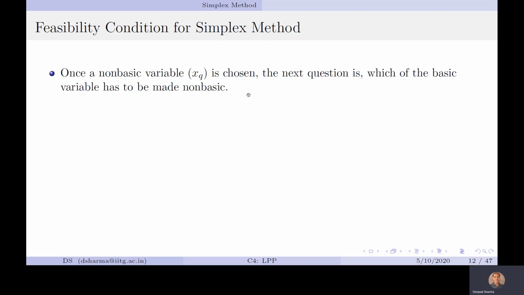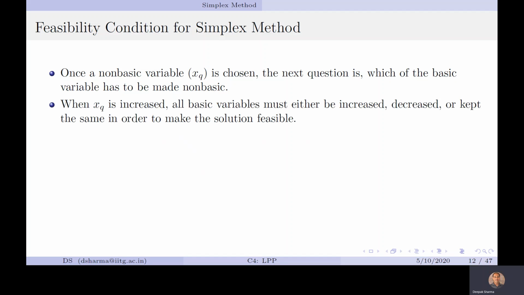Now another condition is the feasibility condition. Once a non-basic variable xq is chosen, the next question is which of the basic variables has to be made non-basic. So now our task is converting basic into non-basic. Since we have already chosen that Q is going to be the non-basic variable to become basic, we are going to increase its value.